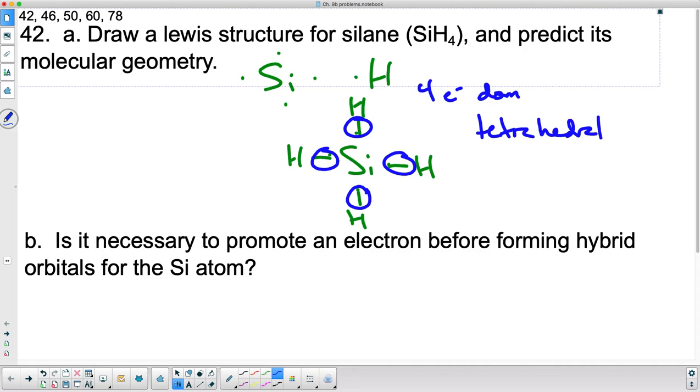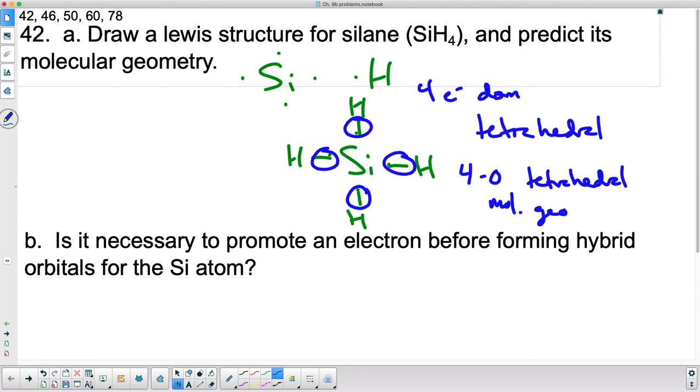If it's 4 bonds and 0 non-bonding, then tetrahedral is also my molecular geometry. Okay? So molecular geometry is tetrahedral, electron domain geometry is tetrahedral. That means we have bond angles of 109.5. This says, predict its molecular geometry.